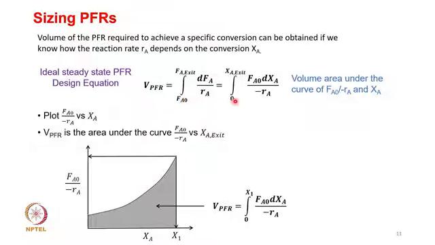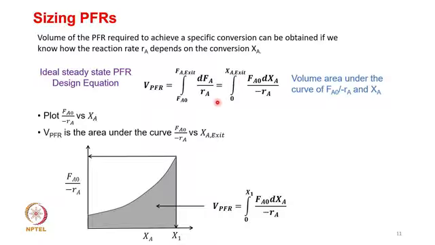At the start of the reactor the conversion is 0, and at the exit you have achieved a conversion of XA, and the limits of the integral are updated appropriately. Again, let's plot this particular curve of FA naught by minus RA versus XA. You would eventually get a curve like this, and since this is an integral, an integral is typically evaluated as an area under the curve.